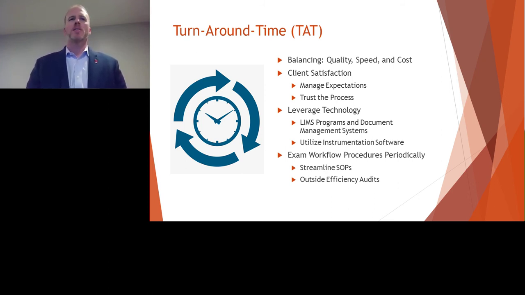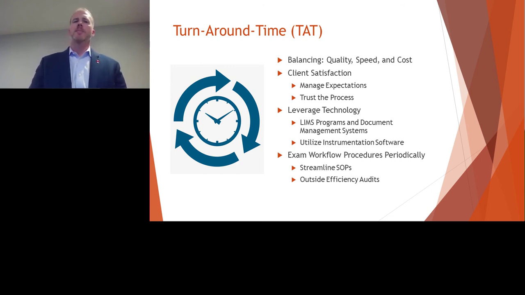You are developing a high quality lab that has a good workflow process, and the idea is that you take that process and use it to get information to your clients quickly. Some of the things you can do to help improve that is to leverage your technologies: LIMS programs and document management systems.